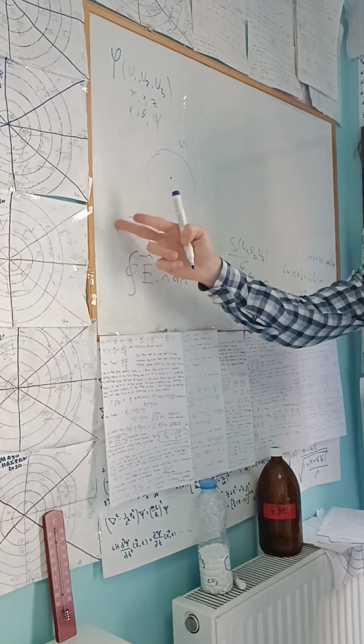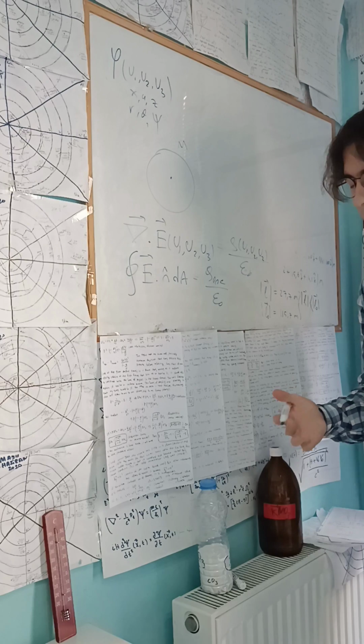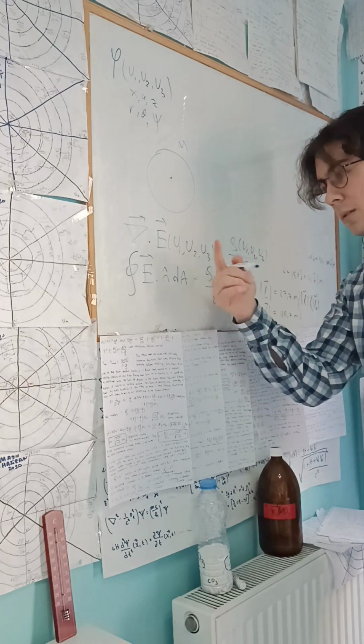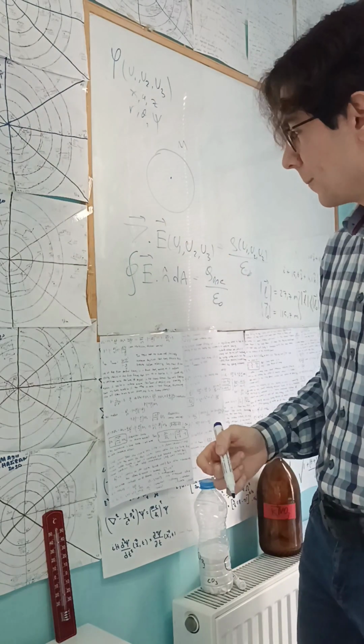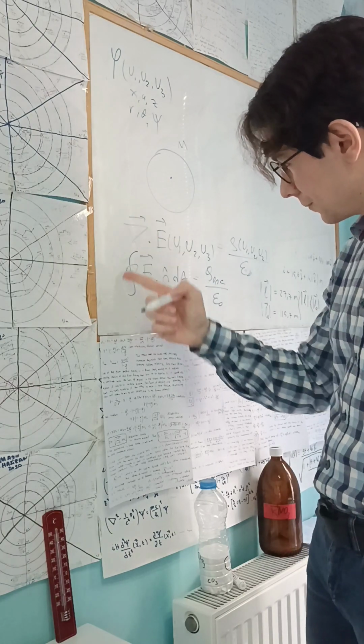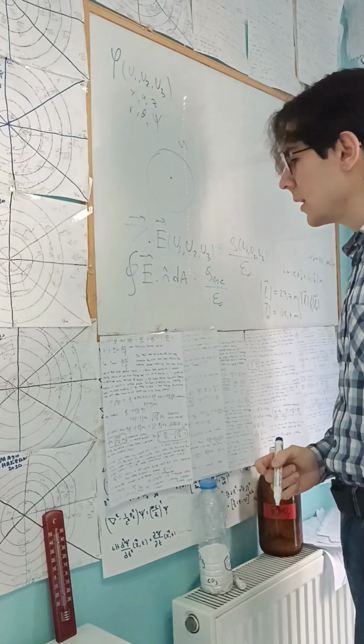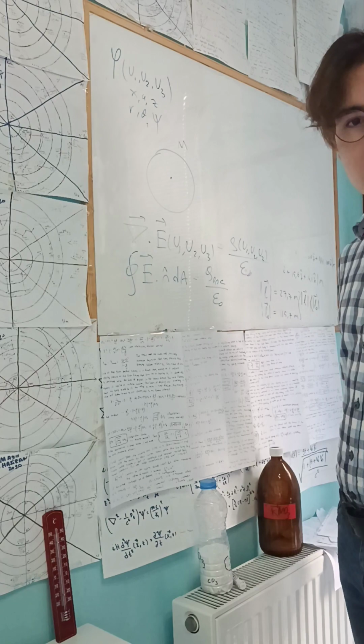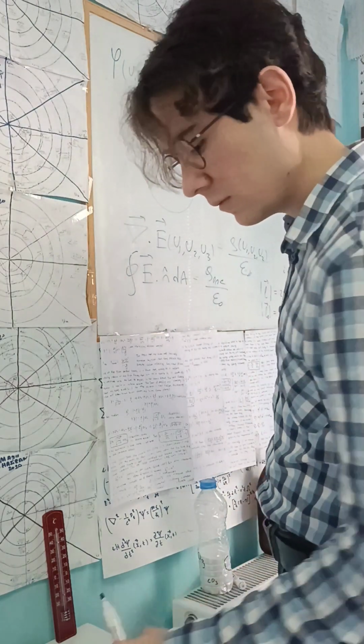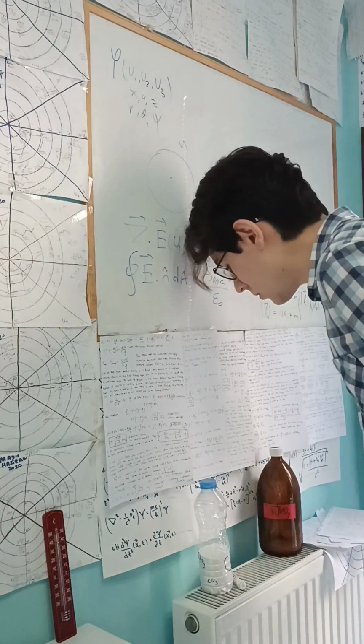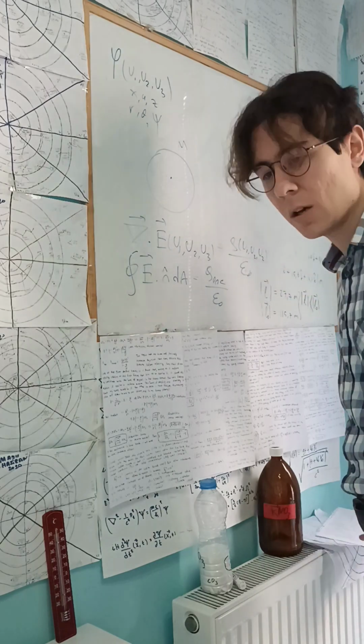This is the integral form and the differential form. Actually, this one is Maxwell's law, right? The first law. So, where's my ruler? It's gone.